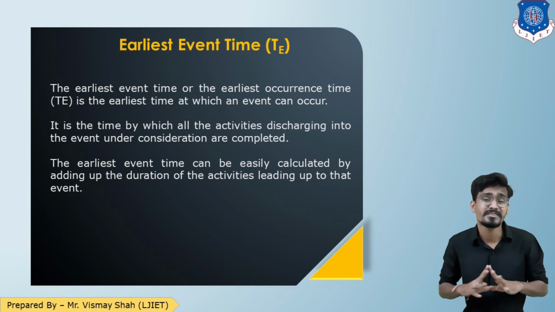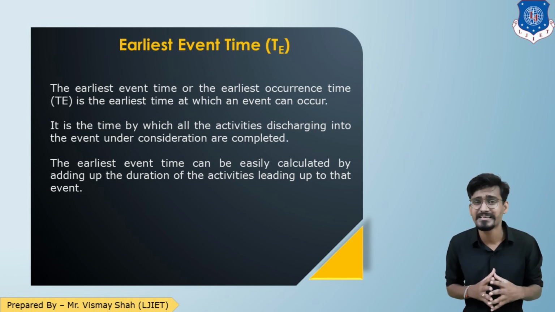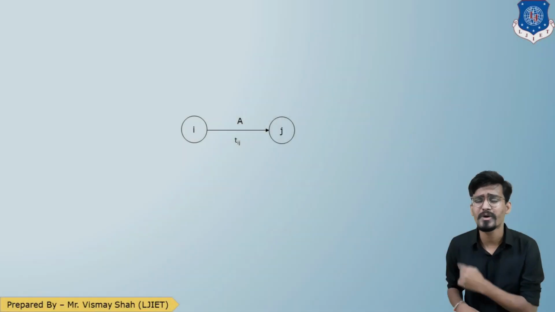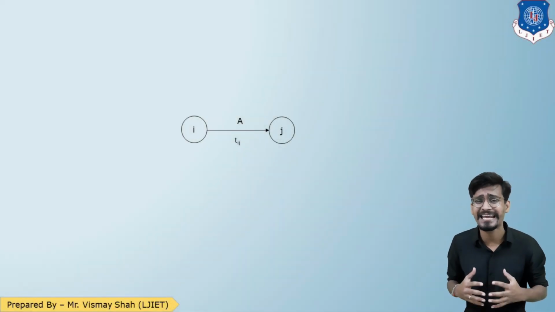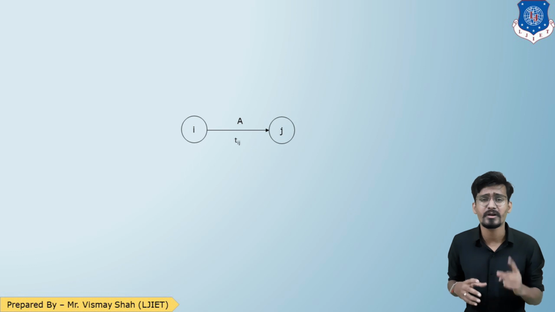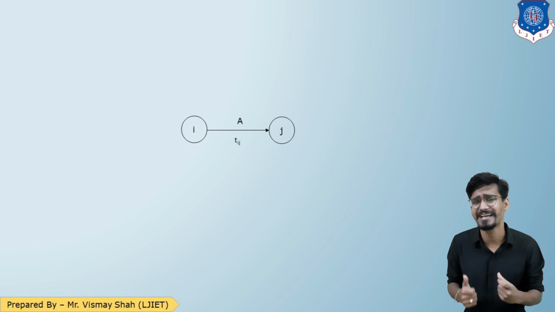So that was the theory portion. Now let us see the graphical network representation of TE. To understand TE, we are taking a network of one activity, only activity A, having i as predecessor event and j as successor event.